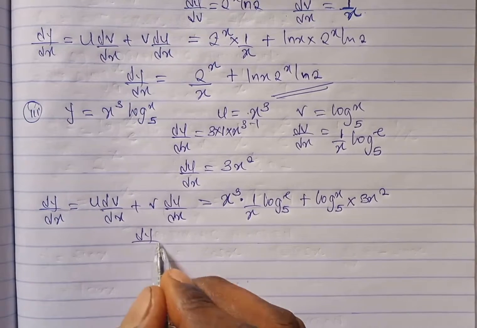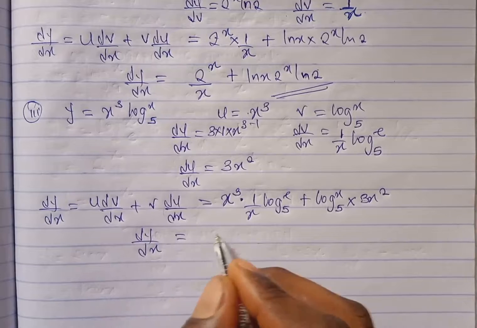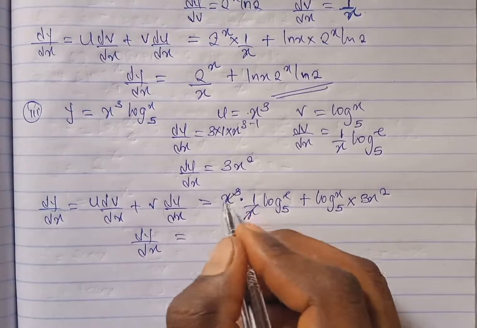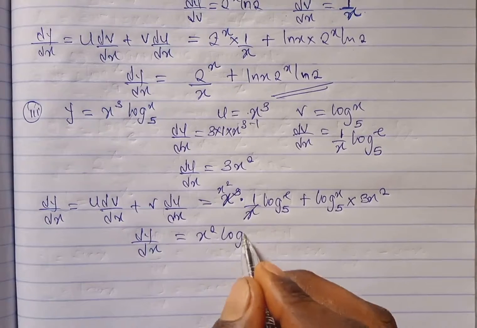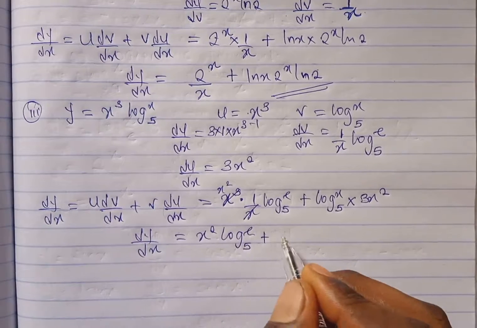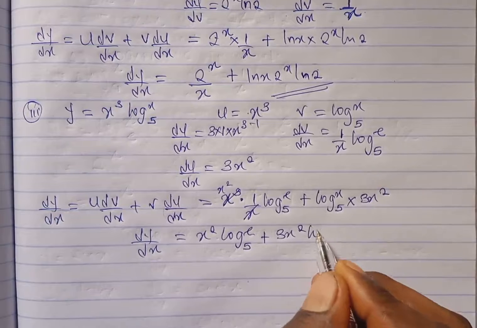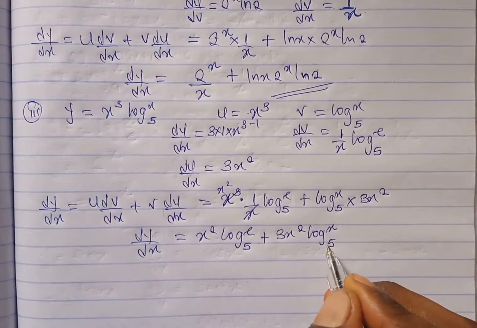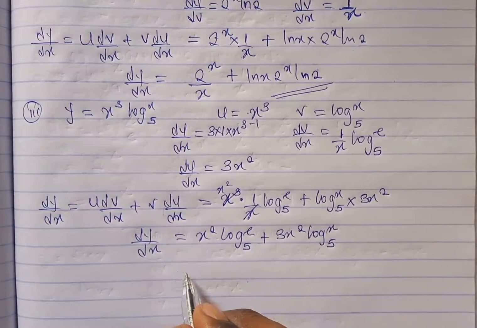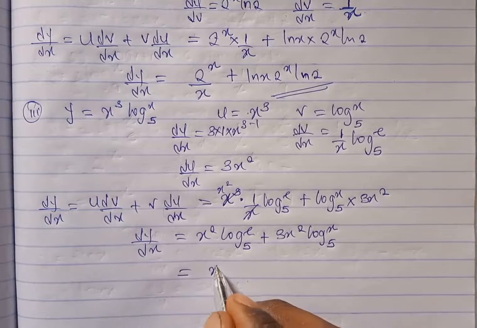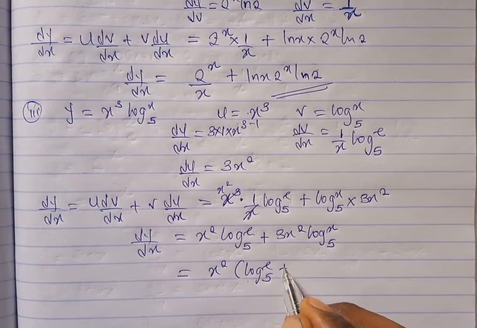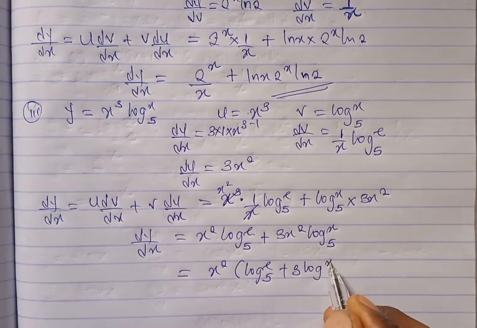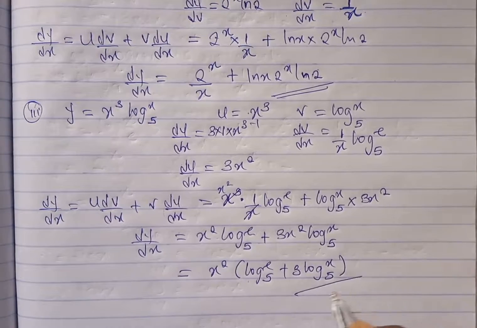So dy/dx will be equal to x cubed over x, which becomes x squared. So we have x squared log e base 5 plus 3x squared log x base 5. You can leave your answer like that, or you simply factorize into x squared times the bracket of log e base 5 plus 3 log x base 5. So it's as simple as that.